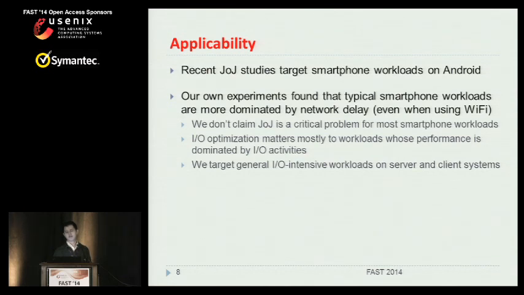Even when they use Wi-Fi, the internet round-trip delay can still dominate the local I/O storage latency. It's easy to see because a round trip on the internet can easily take dozens of milliseconds or even more, and a write to local eMMC storage is often just a single millisecond. So we don't really claim that this journaling-of-journal problem is really critical for most smartphone workloads.